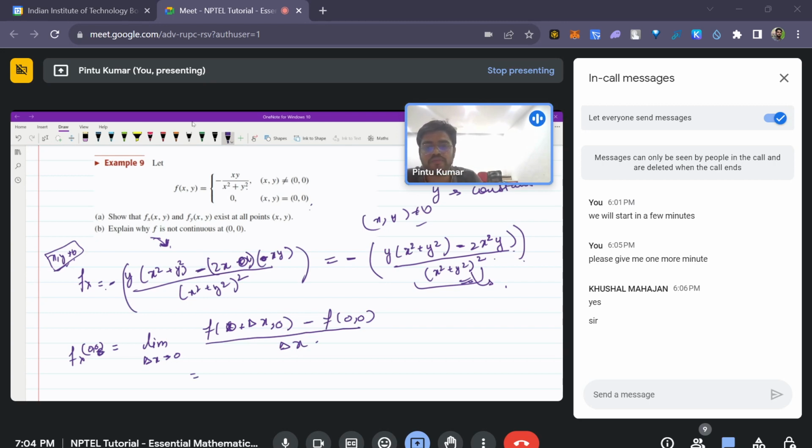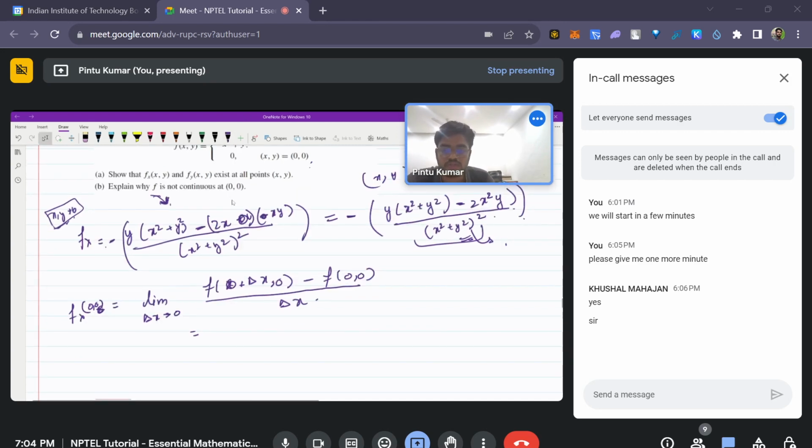Because delta x is a non-zero value, close to 0 but non-zero, its value will be this particular expression that we have. Now y is 0 over here, so this would be delta x into 0 divided by delta x square plus 0 square. f of 0, 0 is anyway 0, divided by delta x. So what is this value? This is 0 minus 0 divided by delta x, which is nothing but 0, right.